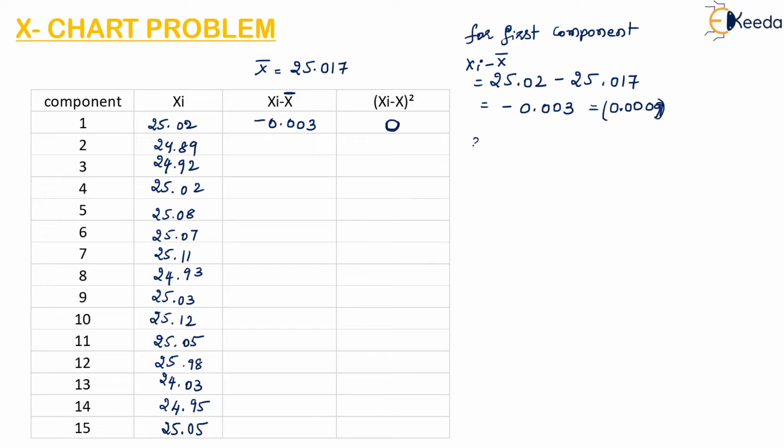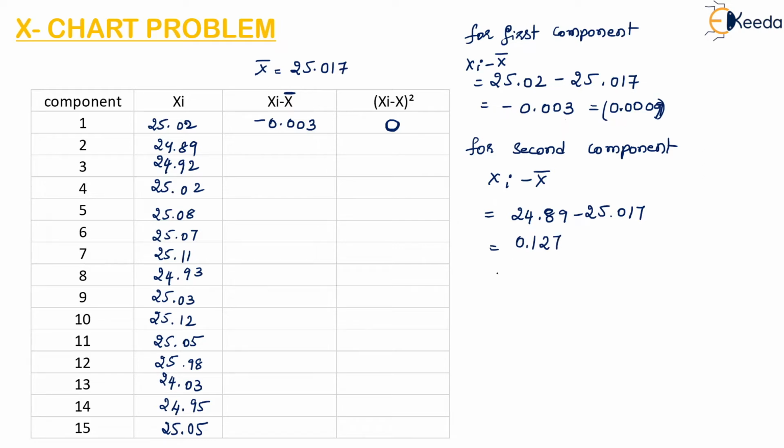In the same way, for the second component, xi minus X bar is equal to 24.89 minus 25.017, which again gives minus 0.127.